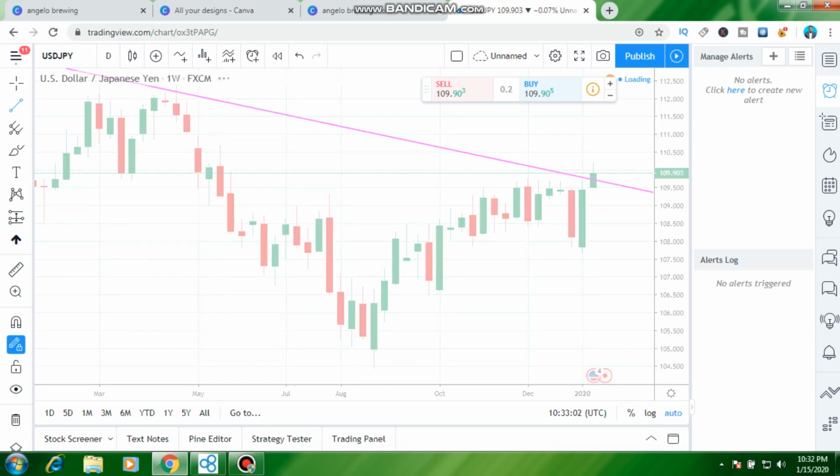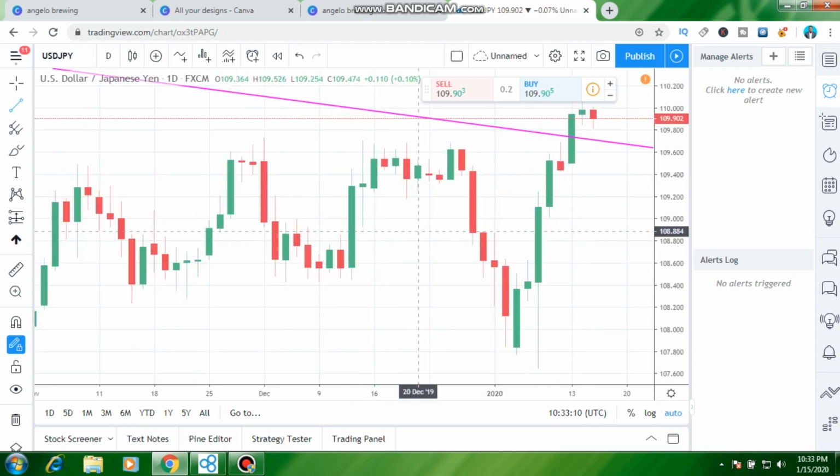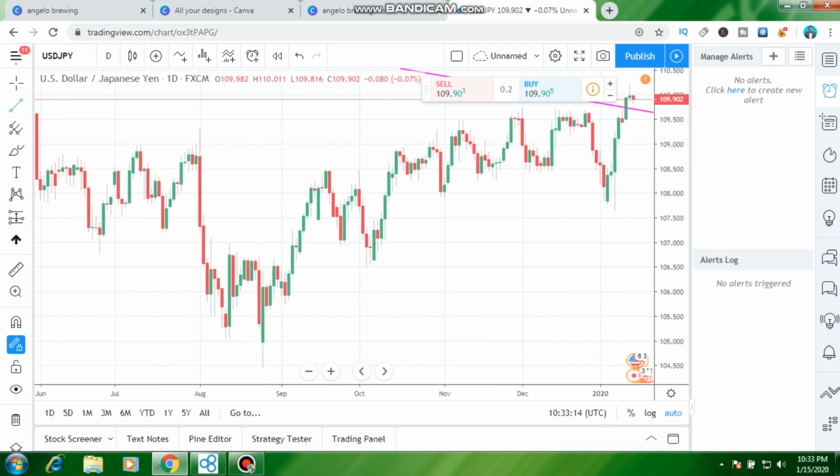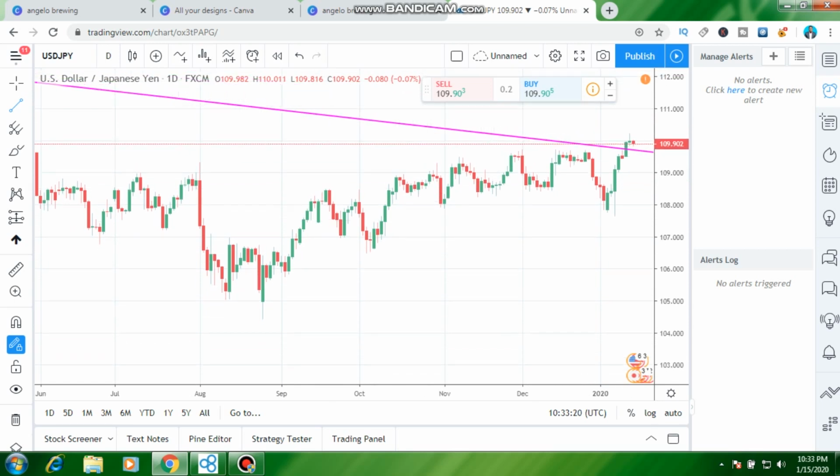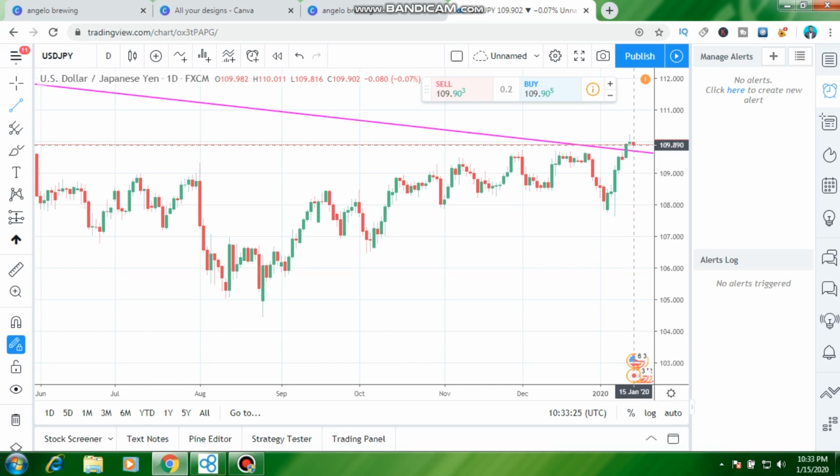Now on the daily time frame, quickly, the network is a bit slow, but we shall soon get there. Let's have it loaded. Good. It has loaded. Now let me reset it so that we can all see it clearly. The rejection I told you about is actually clear here on the daily time frame.